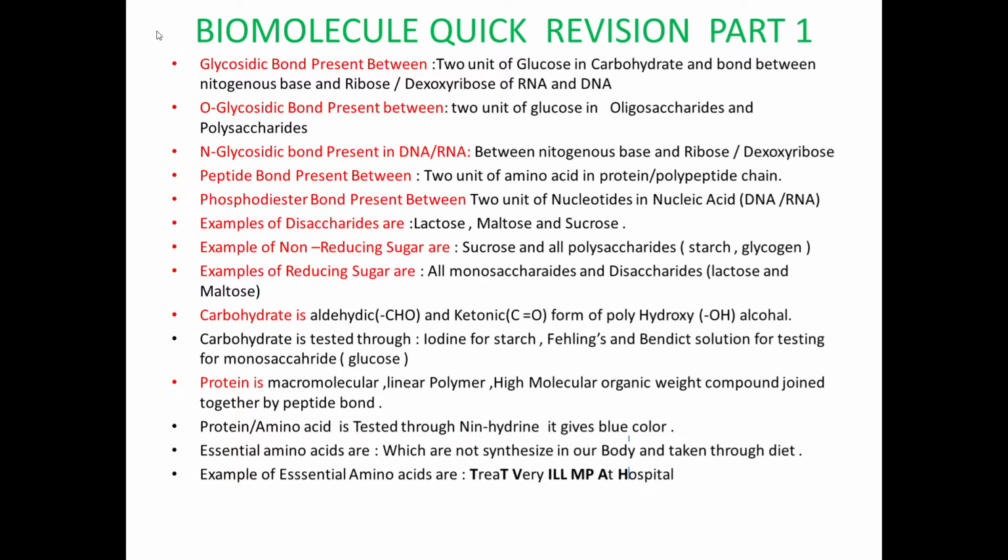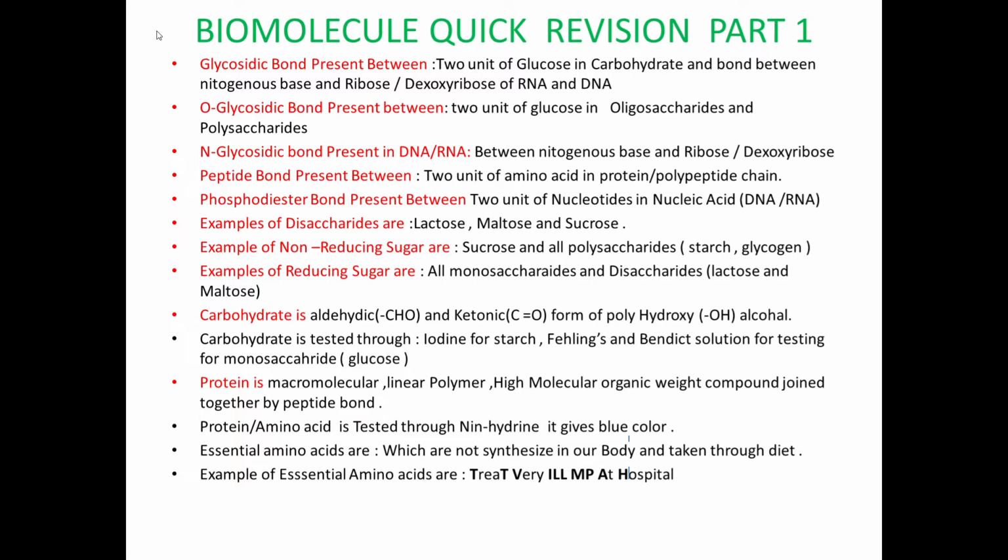First, the glycosidic bond, a bond between two units of glucose in carbohydrate, and the bond between nitrogenous base and ribose and deoxyribose of RNA and DNA. So mainly in carbohydrate and in DNA or RNA, this glycosidic bond is present. There are two types of glycosidic bond.